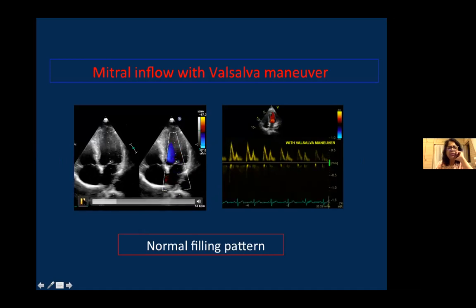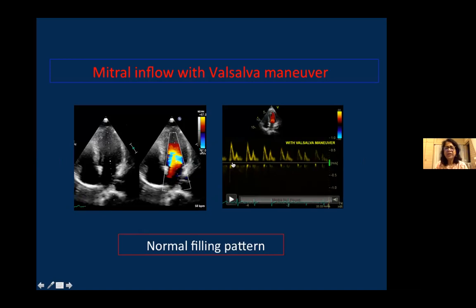I start tracing the pulse wave Doppler of the mitral inflow from here, and then ask the patient to do the Valsalva. As he does so, from here he has started doing Valsalva. Look at the flow pattern. Look at the E and the A wave. Velocity of both E and A waves are reduced proportionately so that the E by A ratio remains normal. So this has to be a normal filling pattern.